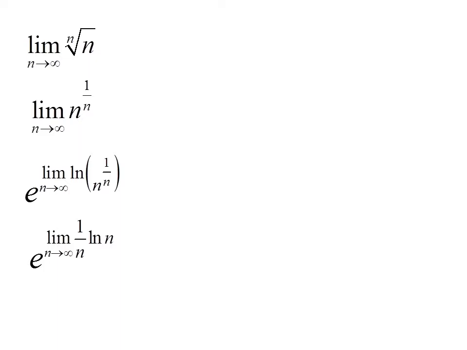We can move the exponent out front of the log, and we get e to the limit as n approaches infinity of 1 over n times ln n, or e to the limit as n goes to infinity of ln n over n.